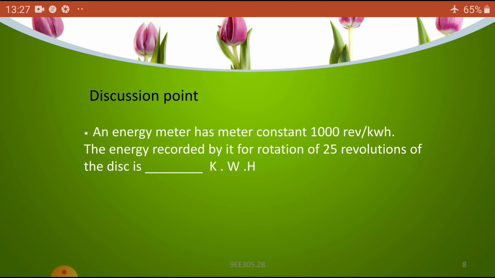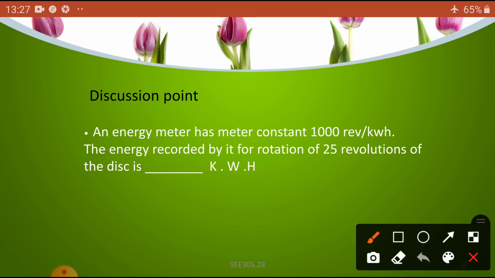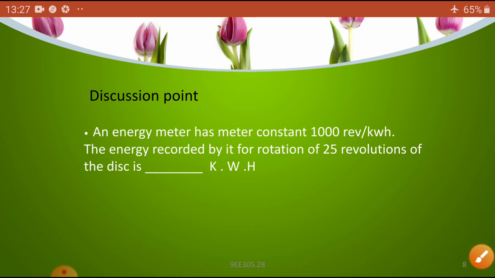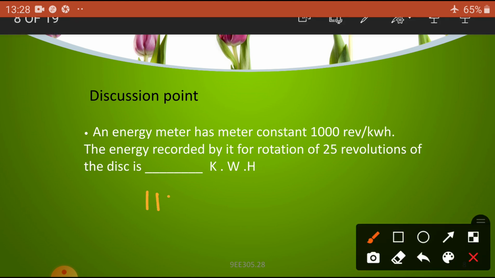It is very simple and direct. Suppose 1 pen costs 4 rupees. I require 20 pens, how much cost? That is 20 by 1 into 4, I get 80. Similarly, here 1 kilowatt hour is equal to 1000 revolutions.